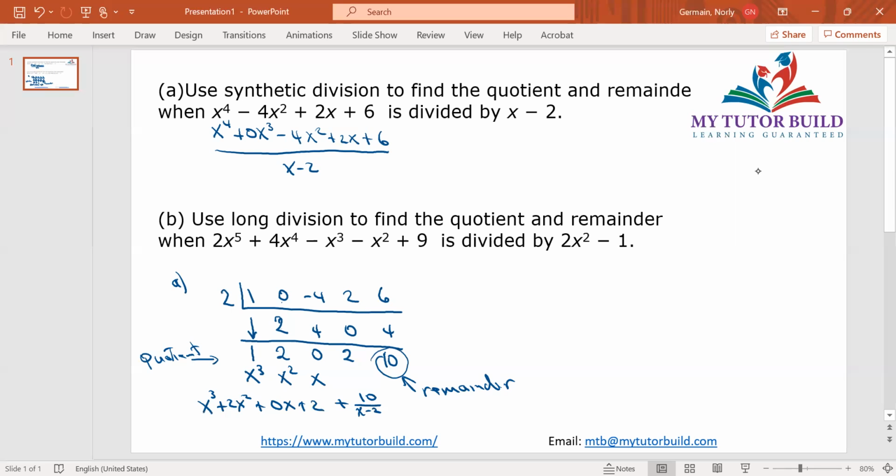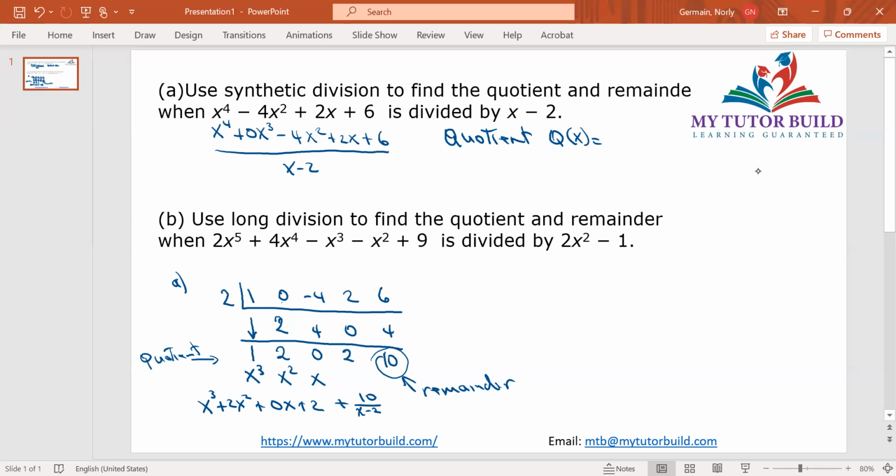x minus 2. But in this case, the question asks us to use synthetic division to find the quotient. So for this division, we usually call the quotient q of x.